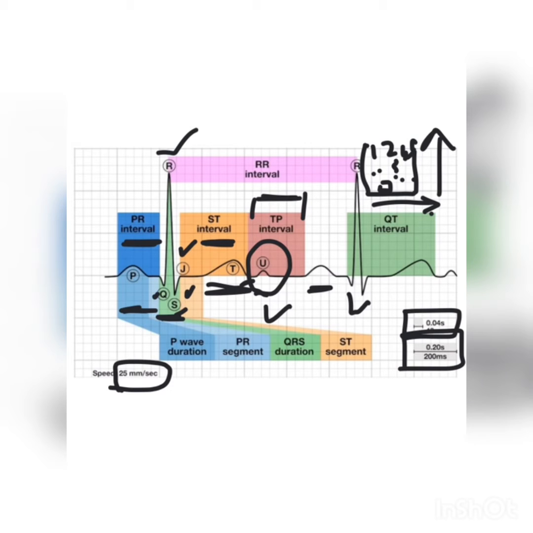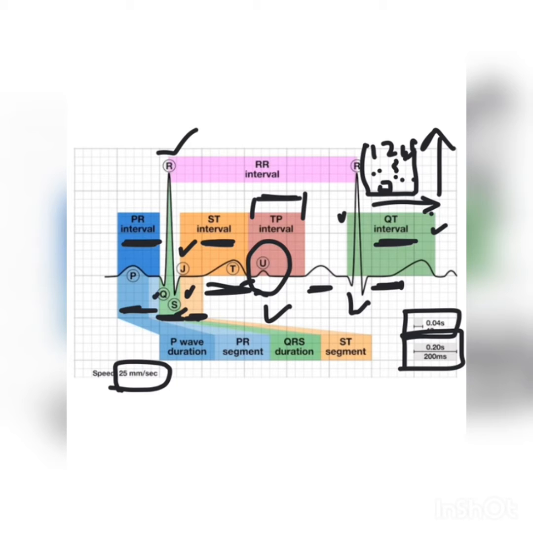Now about the ST segment. The ST segment is here, from the ending of the QRS complex to the start of the T wave. This is the ST segment. And then the most important, which is the QT interval. It is from the start of the Q wave to the ending of the T wave.